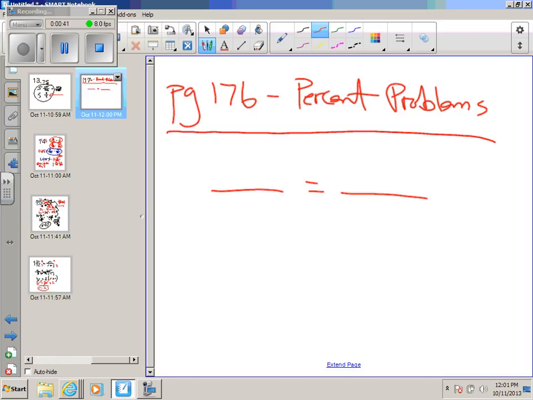So whenever I think of percent, whatever the percent is, always has a denominator of what? 100. And any other fraction, how's a regular fraction set up? Like a part over a whole.